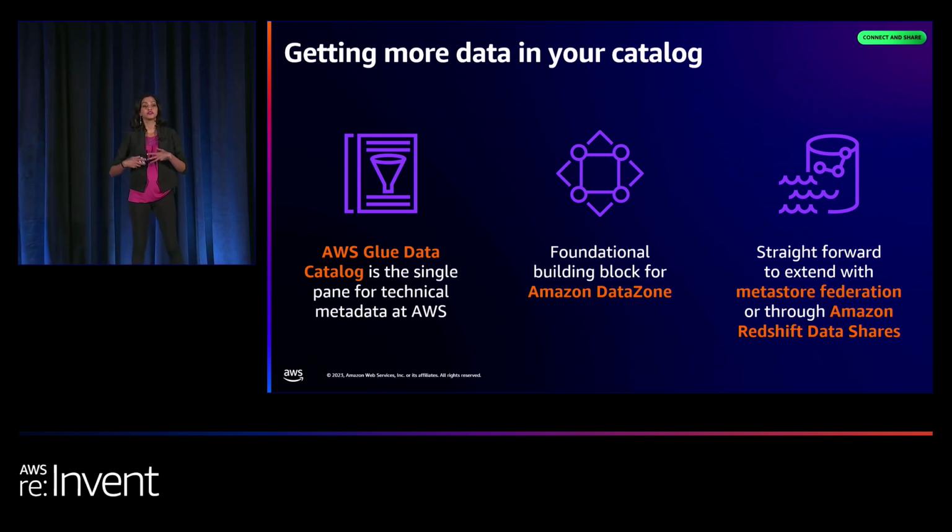So we want to be able to federate to different sources and make your Glue Data Catalog the world-class technical data catalog, I would say. And as I was alluding to earlier, that's also going to become the core for your DataZone and orchestration platform. So you have all of your technical assets in Glue Data Catalog that can later be exposed in further abstractions as you move up the stack.